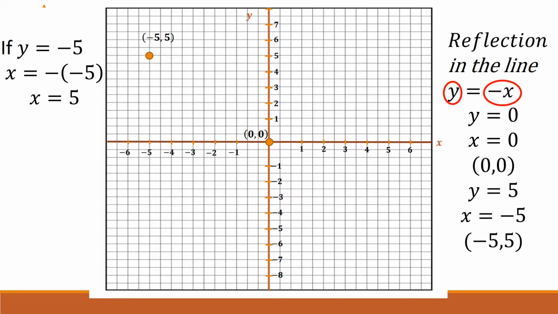X equals positive 5. And that produces the point 5 on the x-axis, then negative 5 on the y-axis. So when we plot this on the graph, this is what we have. So we can join all these points together using a line, and that line is what we are calling the mirror line. And so anytime we have reflection in the line y equals negative x, this is how it looks like.